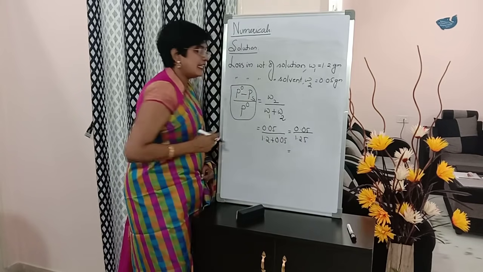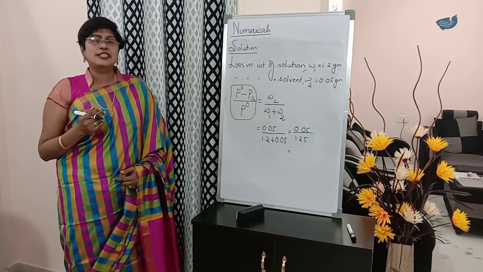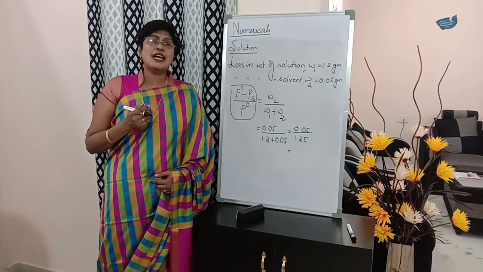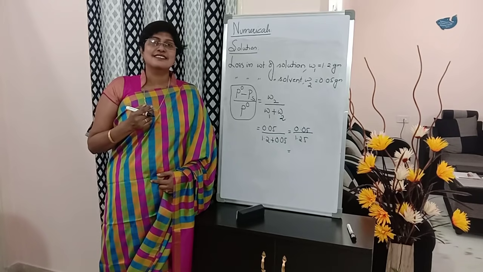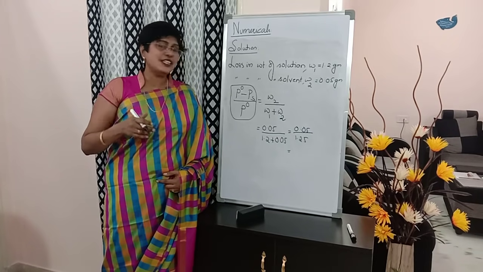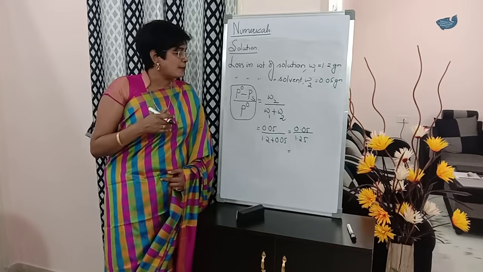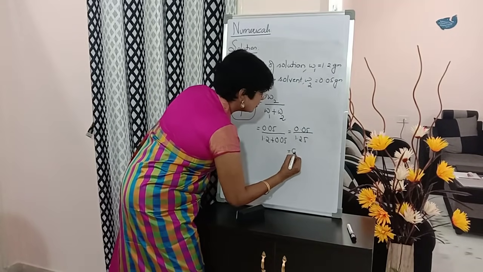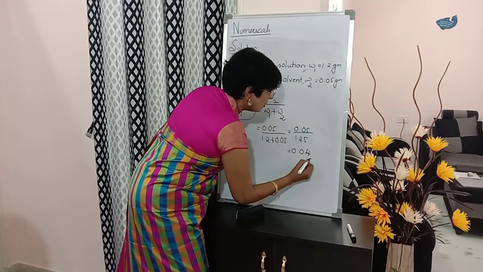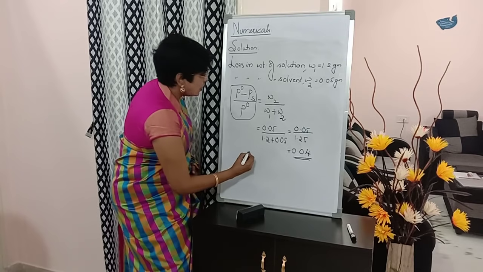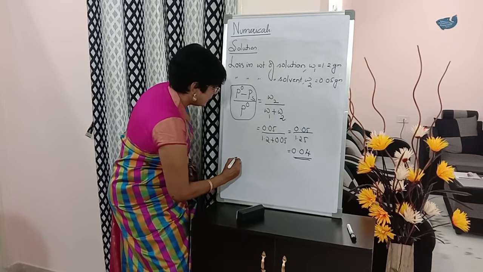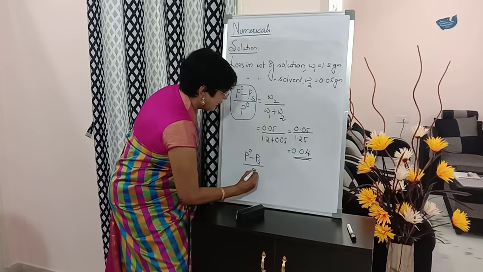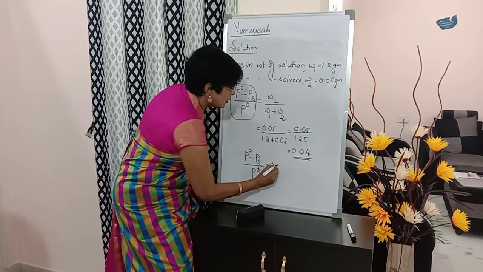Okay, so calculate and check how much you get. 0.05 by 1.25, how much? Will you post it in the comment section? It is equal to 0.04. Good. So now, below, write down: therefore, (P0 minus Ps) by P0 is equal to 0.04.